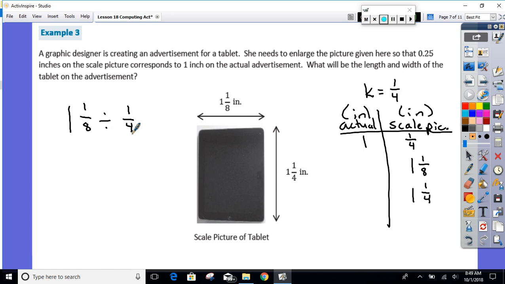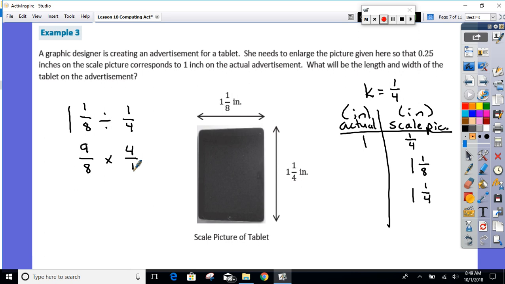That makes sense because when we keep it, switch it, flip it. Actually, let me change that to an improper fraction first, so we have fewer steps. We have 9/8. Keep it, switch it, flip it. I'm multiplying it times 4. That makes sense because the actual is 4 times larger than the scale drawing.